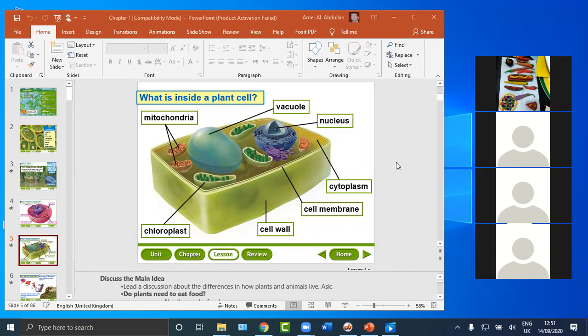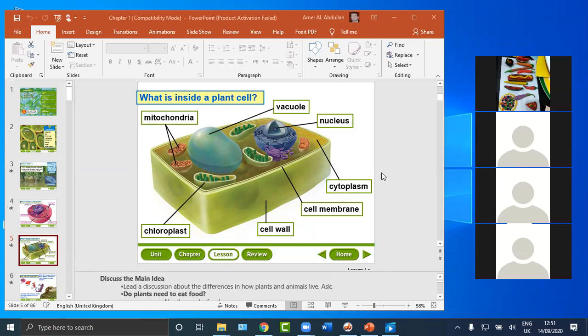Now I want to ask you questions. How are mitochondria similar to tiny power plants? Mitochondria are similar to tiny power plants. They provide energy.